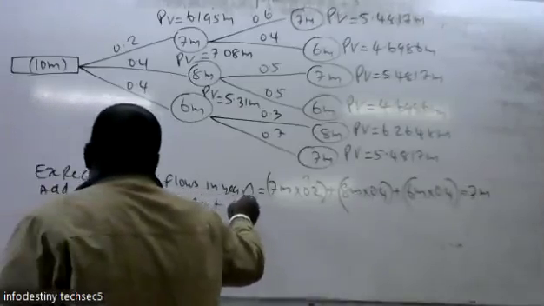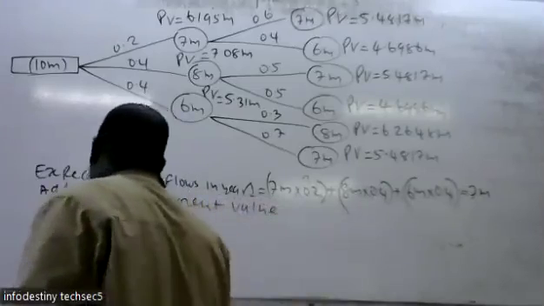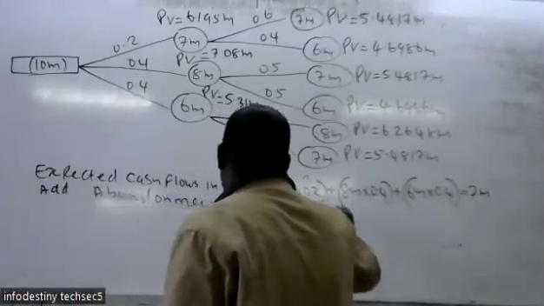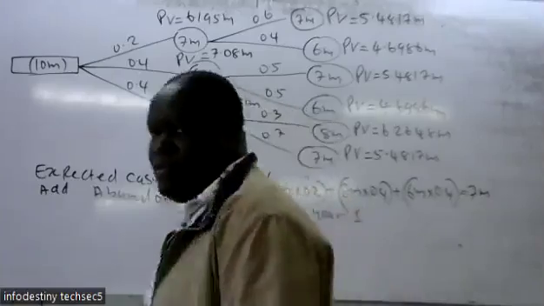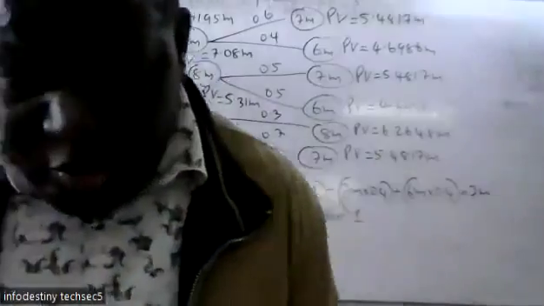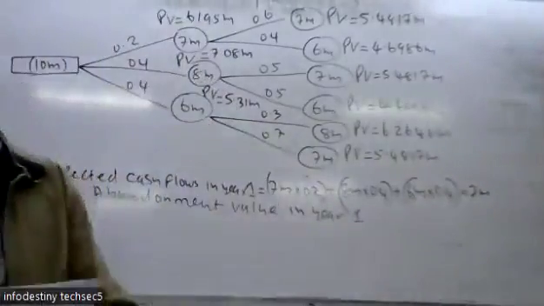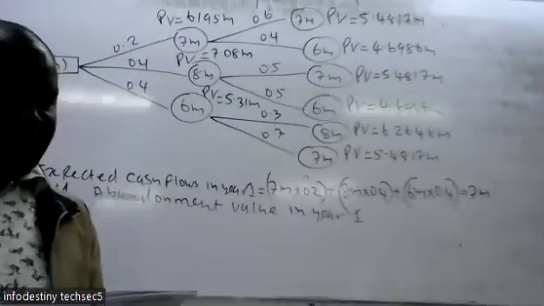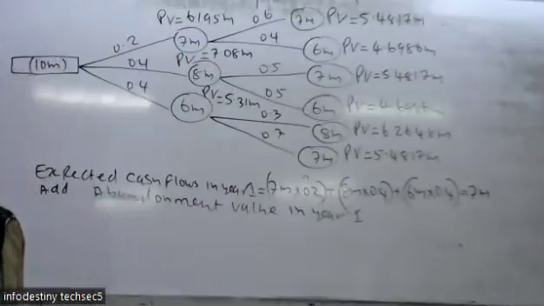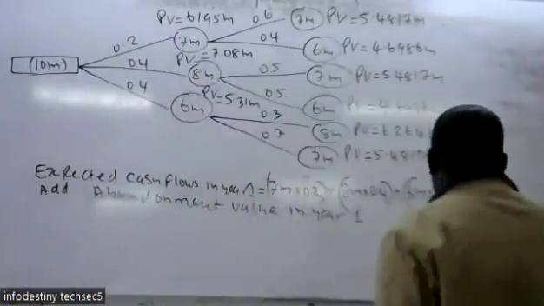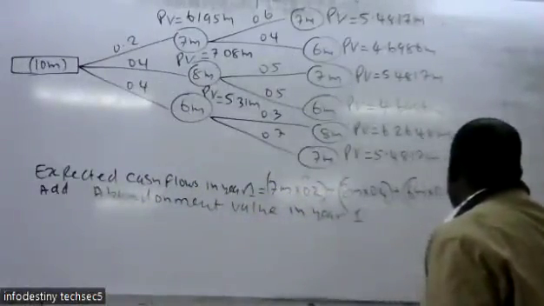Abandonment value. The question had given you the abandonment value in year one. When you check note number 2, abandonment value is estimated at how much? So it is 8 million. So add there 8 million.